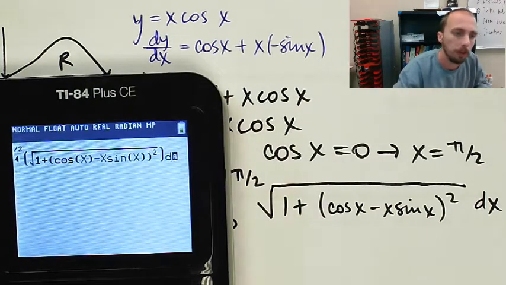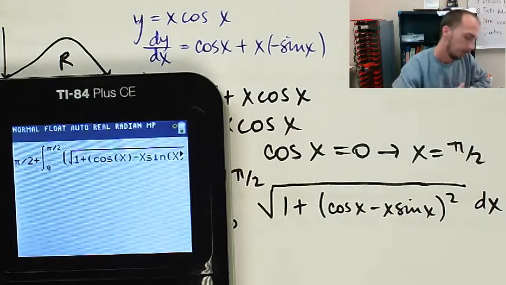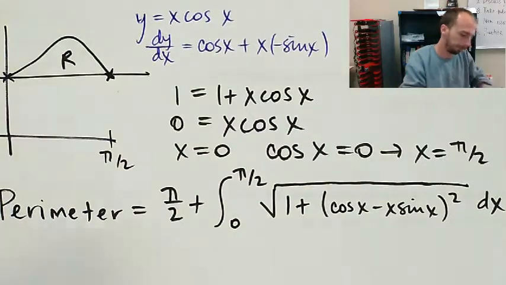Make sure that square is underneath the square root, with respect to x. That might take a second. Okay, 3.566.